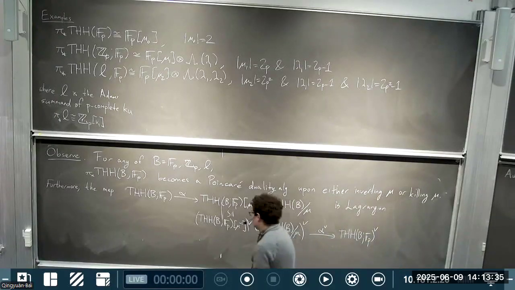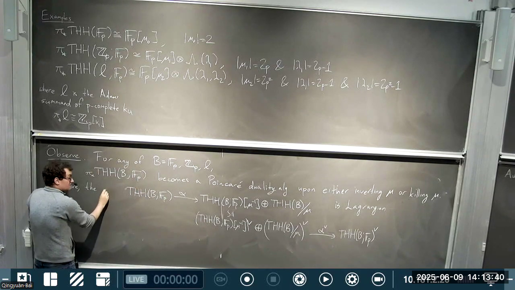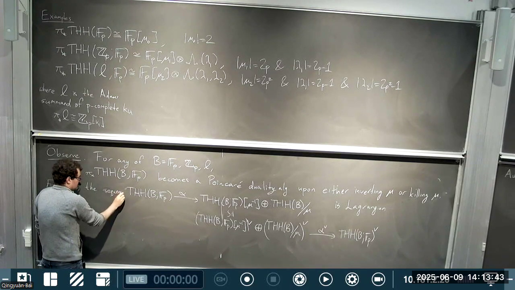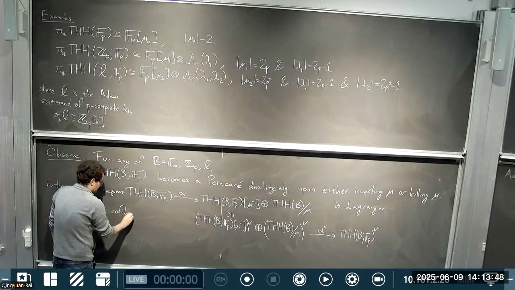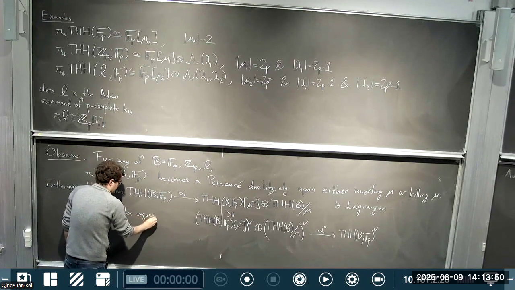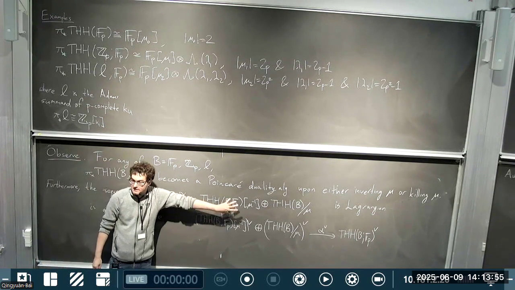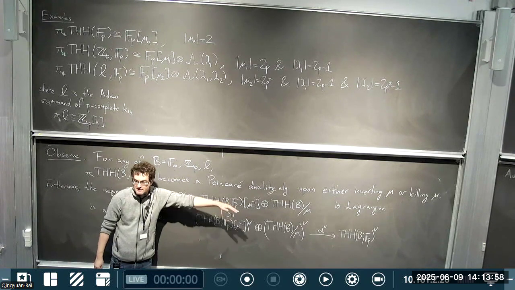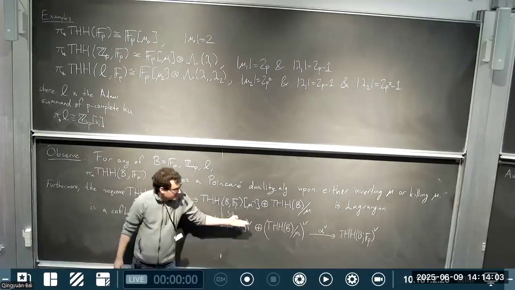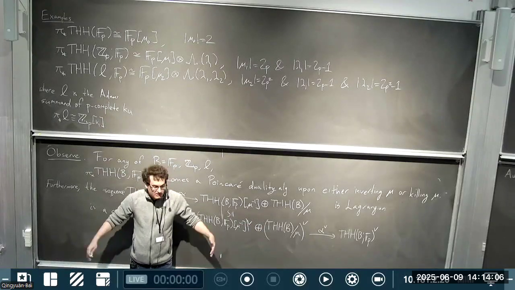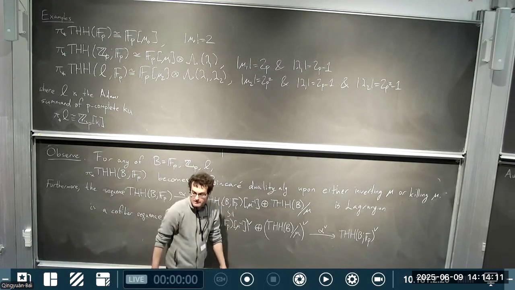And the claim is that this is a cofiber sequence. And that's what I mean by this map alpha being Lagrangian inside this Poincare duality algebra, just the direct sum of two smaller Poincare duality algebras. This means that alpha composed with the dual of alpha is null, and actually this composite is a cofiber sequence.